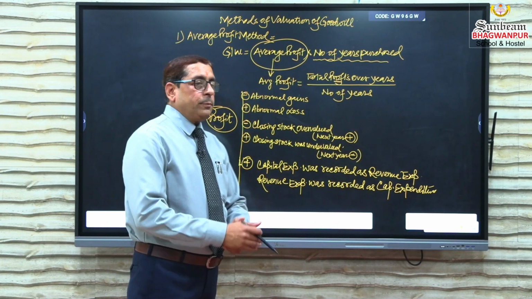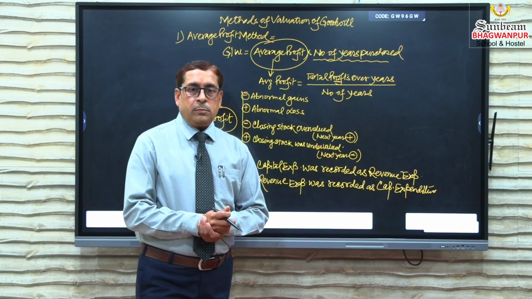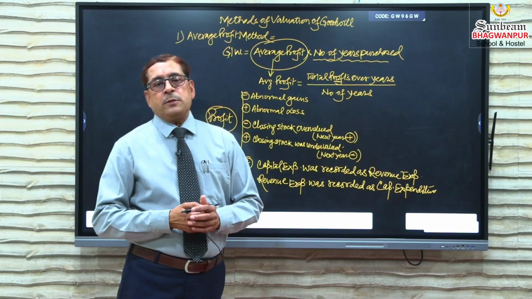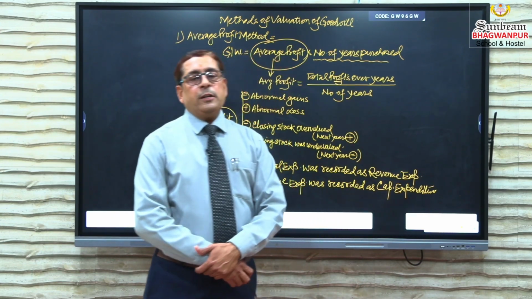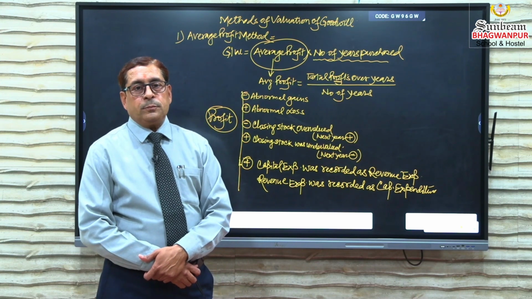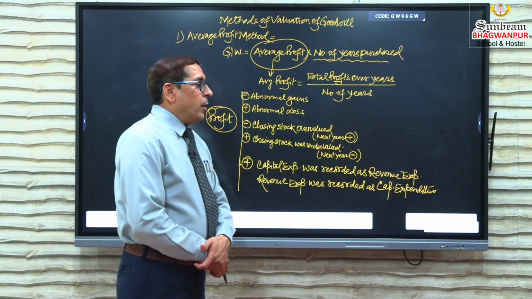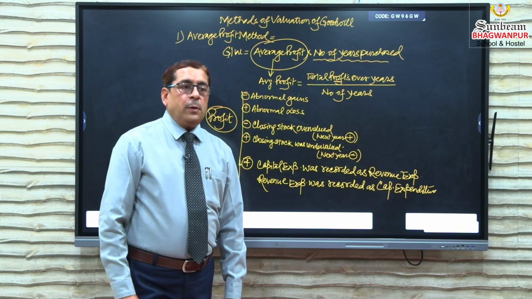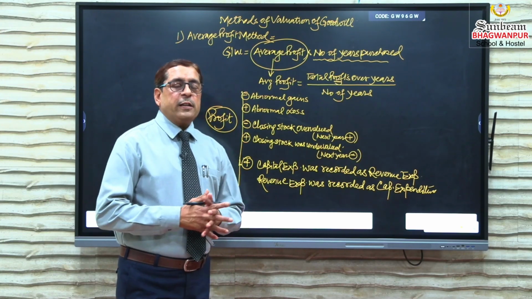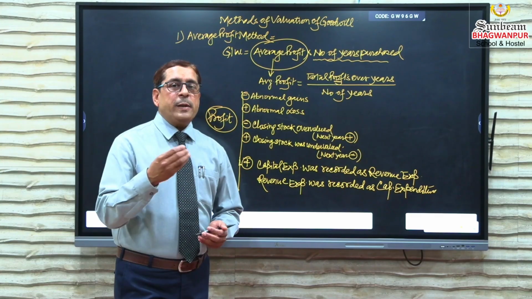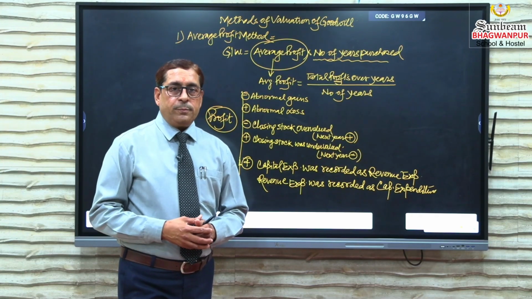Revenue expenditure, that was the expense, and you have recorded it as capital expenditure. Say repair incurred on furniture, repair expenses. You have spent some money on repair of furniture.